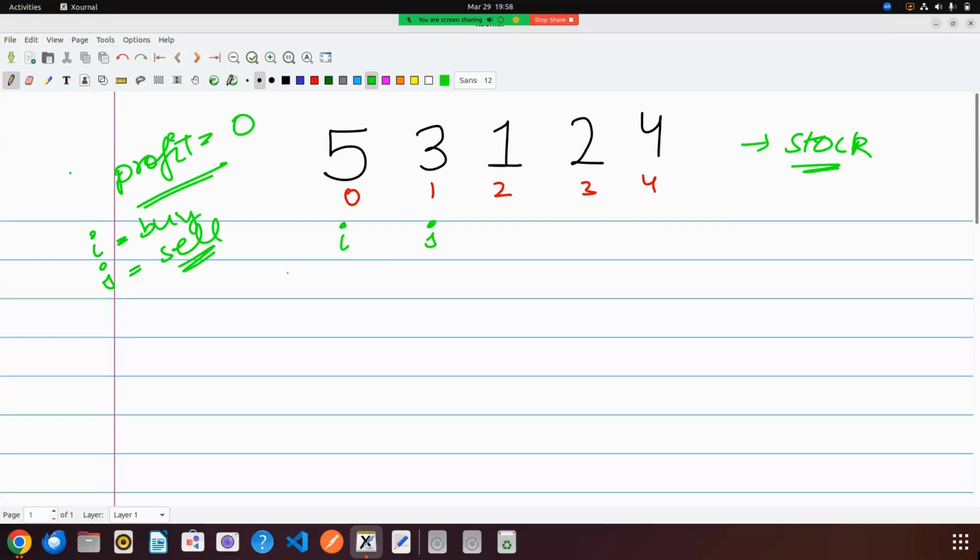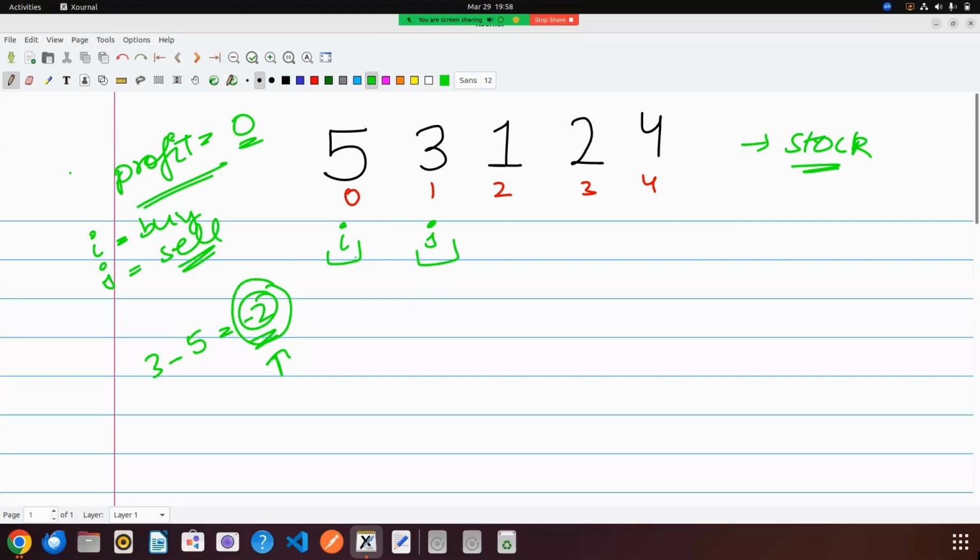So if we are buying on the 0th day and selling on the first day, what is the profit we can achieve? If we are selling it for 3 and buying it for 5, the profit we can achieve is -2. So is this profit better than the profit we already have? No, it is not, because this is not a profit, this is a loss, right?